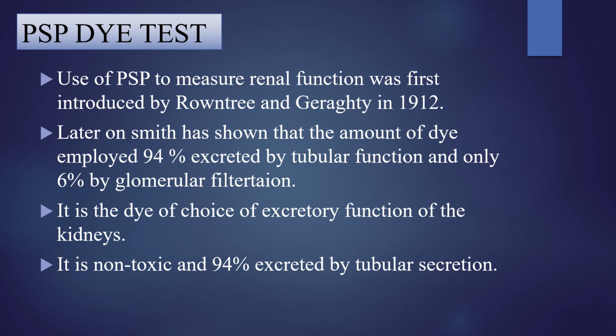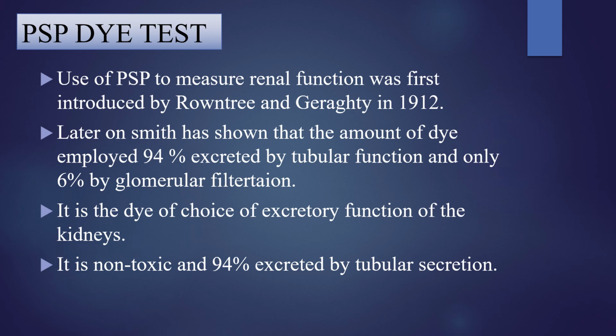The last test of the renal concentration tests is the PSP dye test. This PSP dye test is also known as the 15 minutes PSP dye test. It is named so because PSP is phenol sulfathalin dye. This dye is injected into the patient through IV.